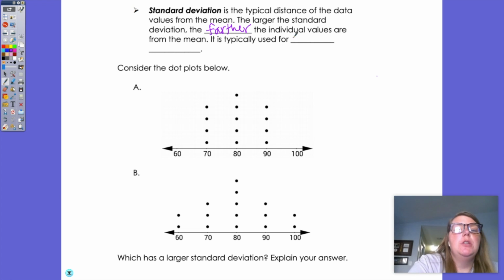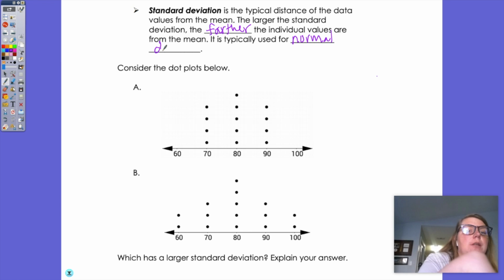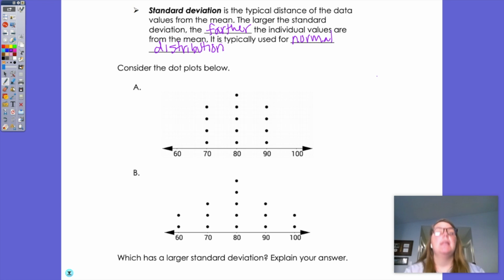And we usually want to use standard deviation for normal distribution, because if you remember back to center, we used median when we had skewed data, and we used mean when we had normal data, because with skewed data, the mean is going to be way more affected.